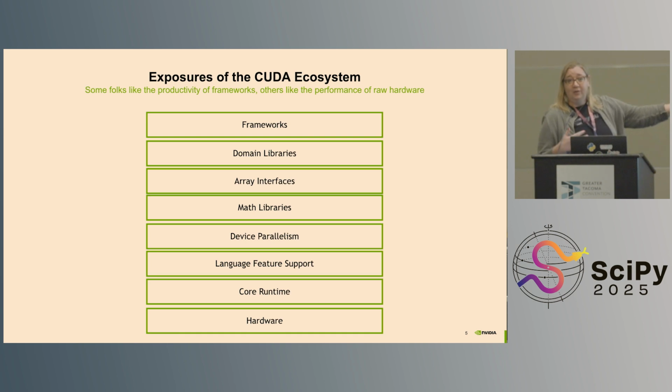So that's where you have the CUDA runtime that sits on top of the hardware, and that's what's going to execute everything, so you do have that runtime engine going. We have language feature support, device parallelism, up to math libraries, array interfaces, domain libraries, and frameworks.